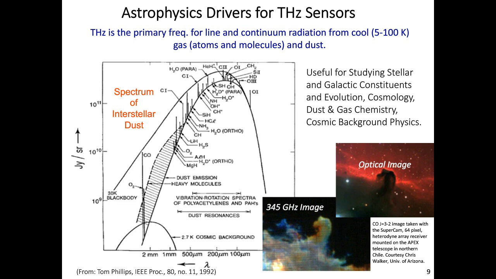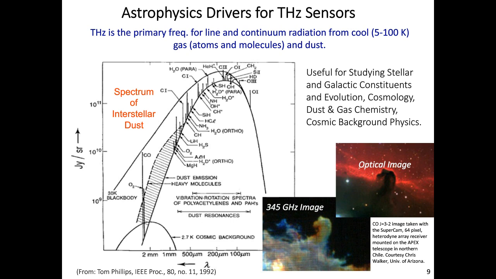It's a chart that shows radiance on the vertical axis versus frequency on the horizontal axis, and it shows the spectrum of interstellar dust, 30 Kelvin blackbody curve on the left side in dark black, the 2.7 Kelvin cosmic background curve at the lower left, and then the dust and heavy molecule emission lines that you see superimposed as little hairs sticking up all across the spectral region between 2 millimeters and 100 microns.